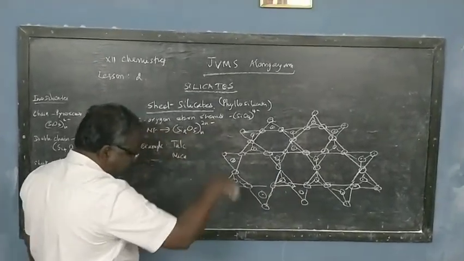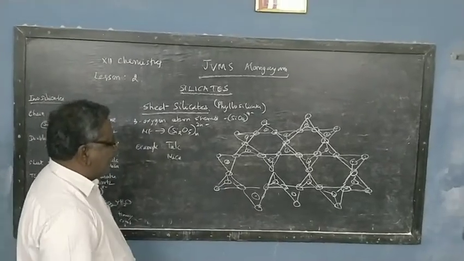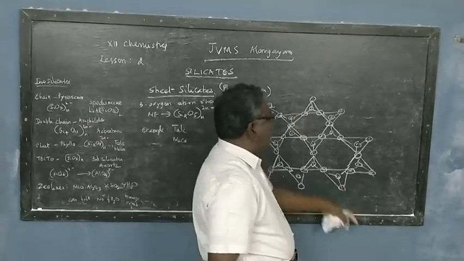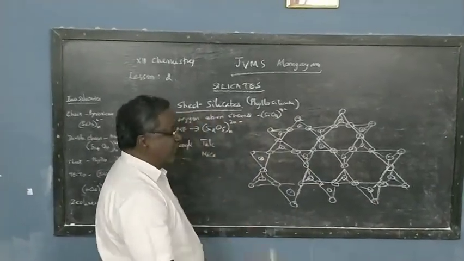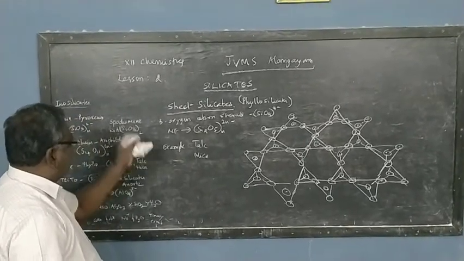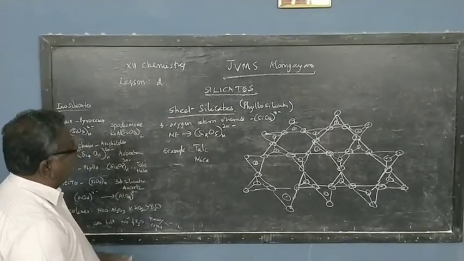This can be continued one more step also. So next step you can put 4: 1, 2, 3, 4. Then next will be 5. Like that it will keep on going, and this type of silicates are called sheet silicates.